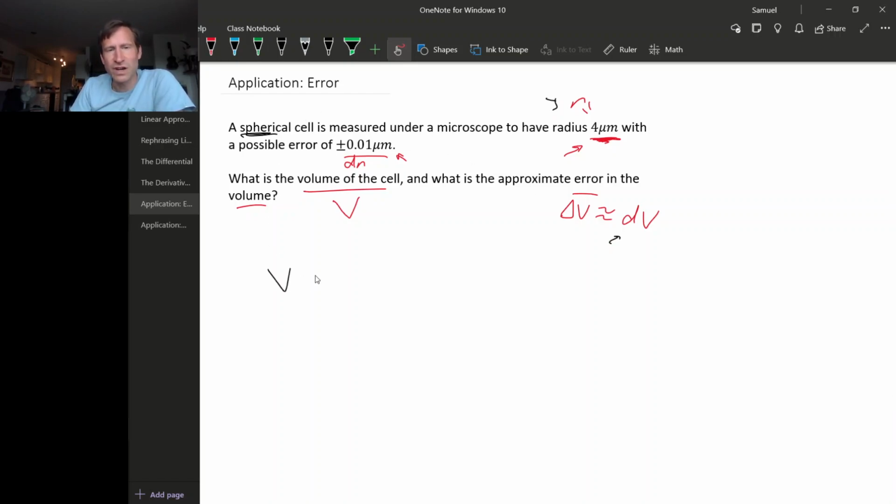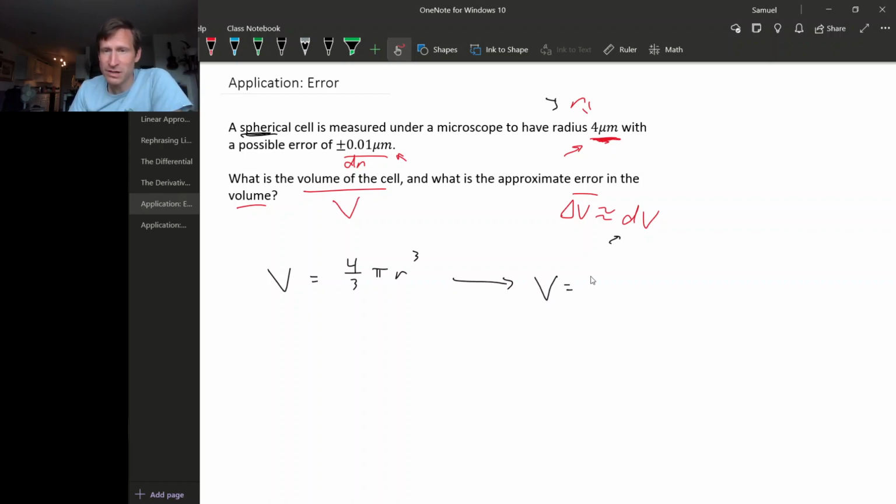So for a sphere, volume is a formula you can look up. The ancient Greeks figured it out. It's 4/3 pi r cubed. So we can use this formula to calculate our volume.